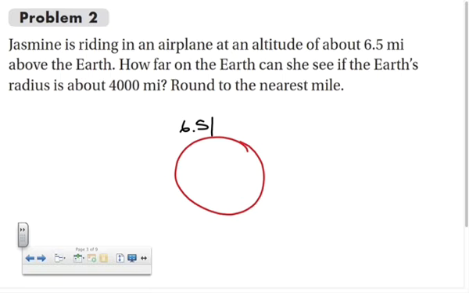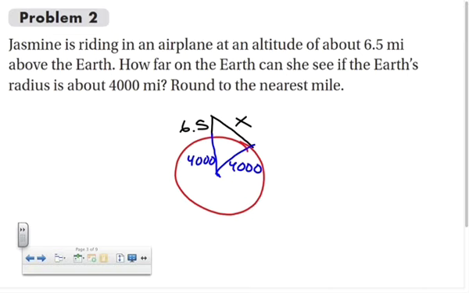And in the airplane, she can see to that point of tangency. It tells us that the Earth's radius is about 4,000 miles. And they're asking us, how much Earth can she see?